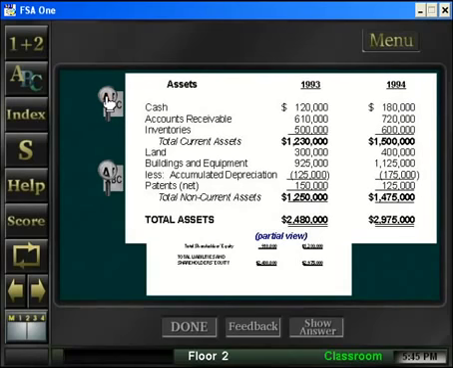Here are the 1993 and 1994 comparative balance sheets for Star Enterprises as of December 31st, 1994. Use the magnifying glass on the left to enlarge the balance sheet so that you may study it.